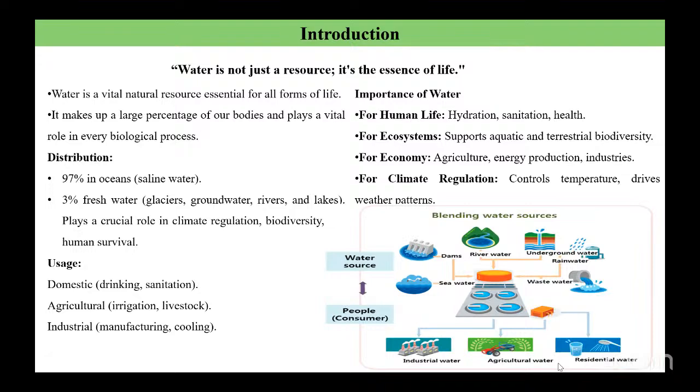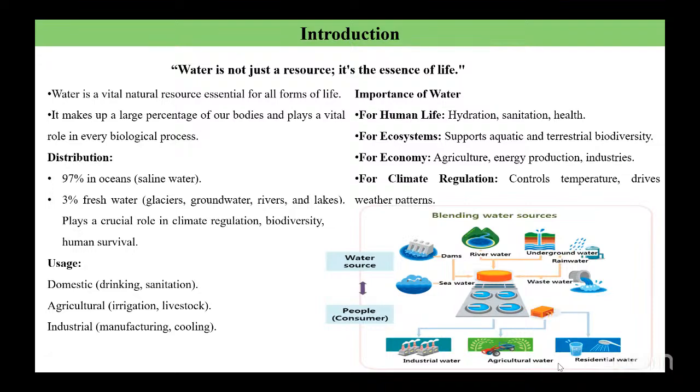That is, it controls the temperature, it drives the climatic patterns. More water is present near the coastal areas, so it is very humid and also kind of cold. But in the Deccan Plateau where we are presently staying, it is very hot and dry, where once there is a huge amount of rain, the temperature gradually gets down.